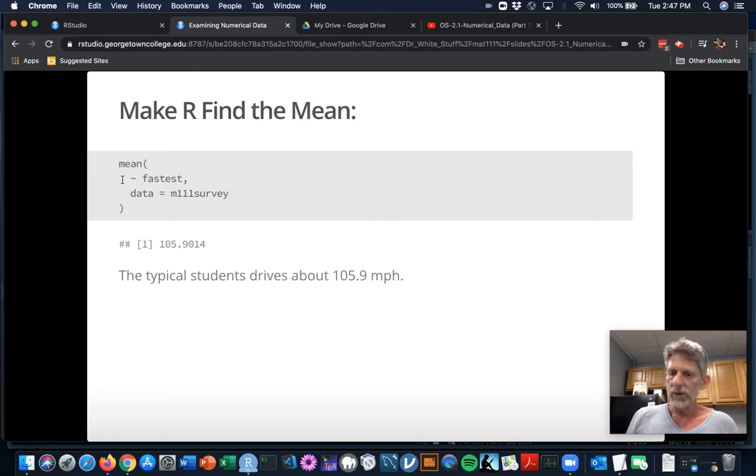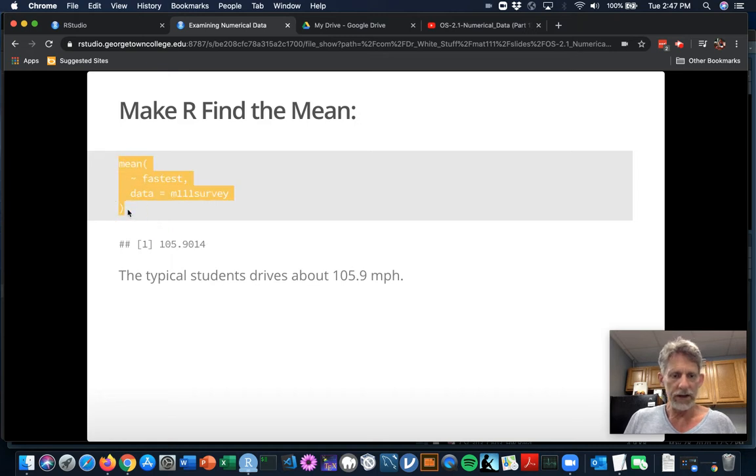And the basic usage is very similar to making a histogram or density plot. You indicate what variable you plan to take the mean of. You indicate that it is a variable with the tilde here. And then the second input is what data set that variable lives inside of. So we're supposed to get an answer of 105.9 when we take the mean.